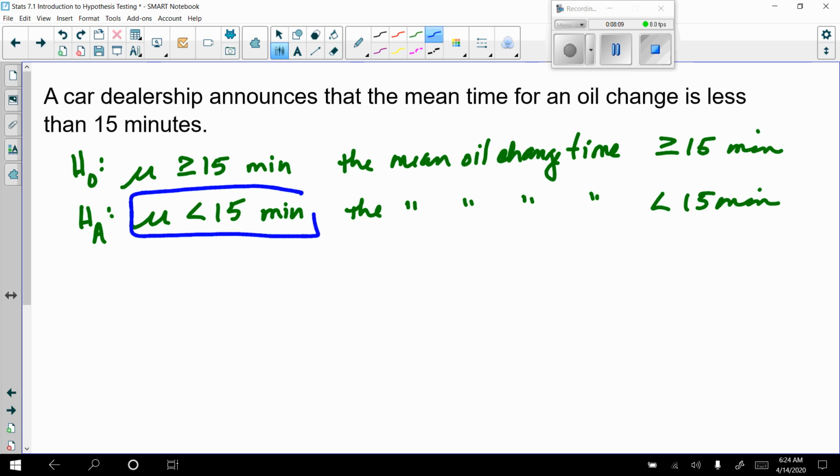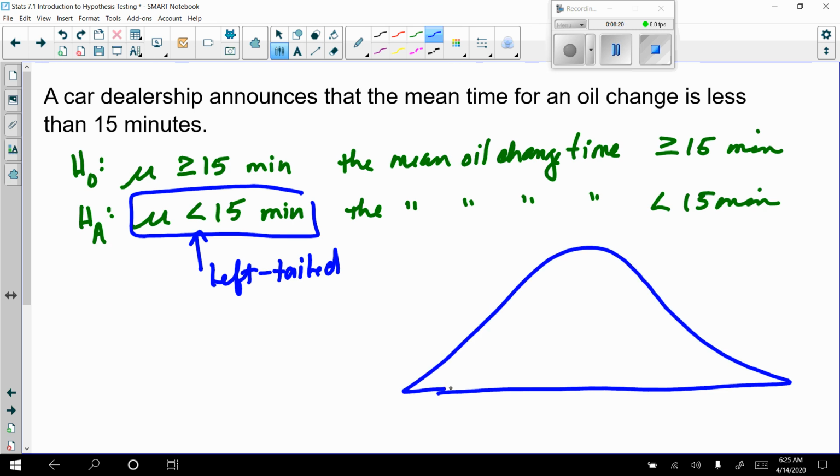This means that this is left-tailed. You always go by the alternate hypothesis. Left-tailed, that means that the p-value is located here.